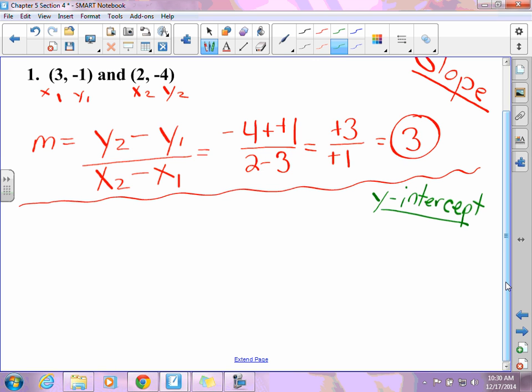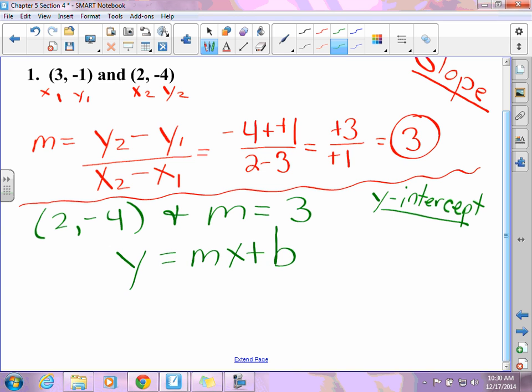So we can grab 2 comma -4, and I'm going to grab my slope, m equals 3, and use the equation y equals mx plus b. Now, if my slope is wrong, this equation will be wrong, but that's okay. As long as you have the process there, you're human. You make mistakes. You're not going to get an F because you got the problem wrong. As long as you have the steps there, I'll take that into account. Okay, so what's my y?